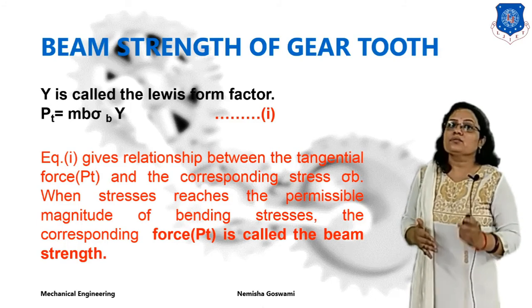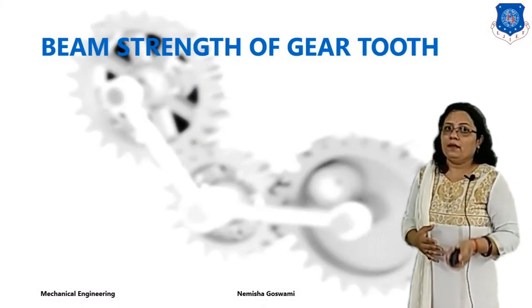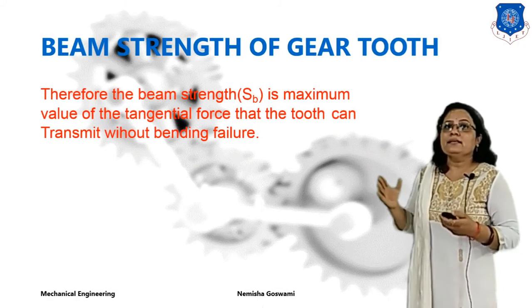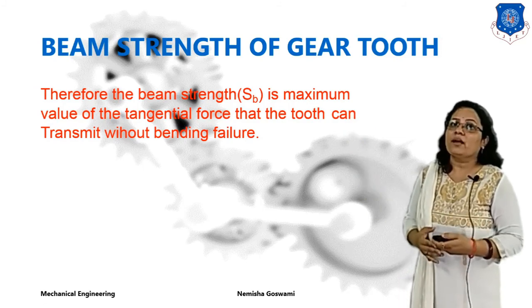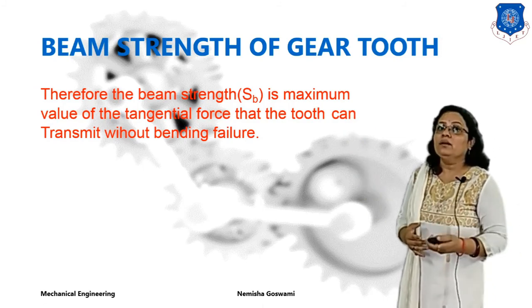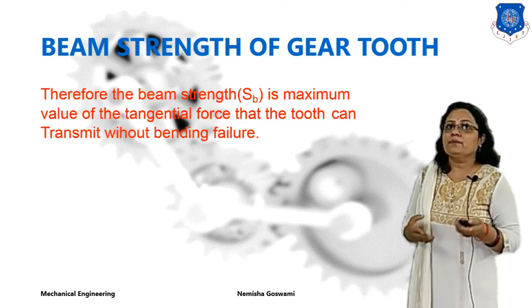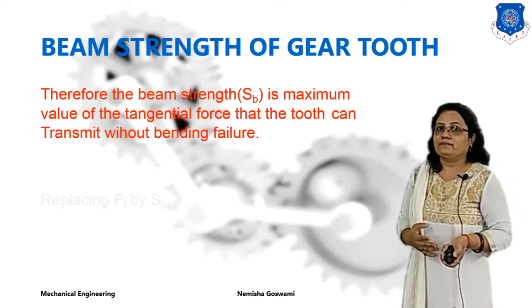The design is based on this strength, and beam strength is denoted by SB. This is the maximum value of tangential force that the tooth can transmit, or power that can be transmitted by the tooth without bending failure.